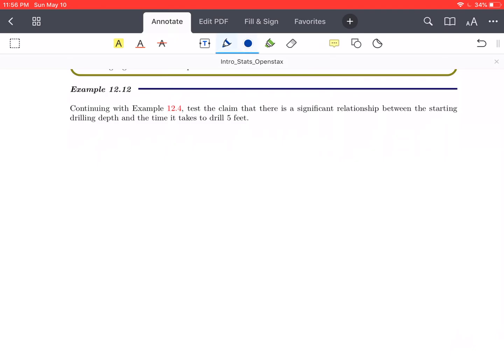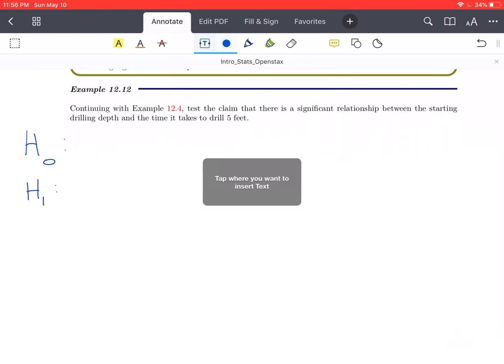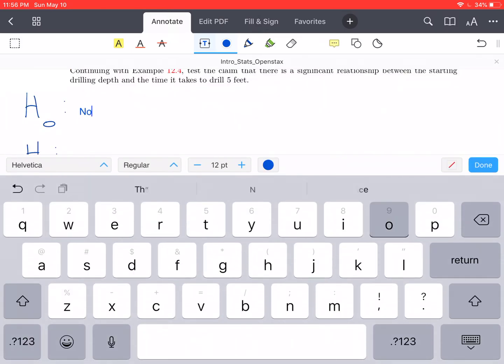So we need our hypotheses, so H naught and H1. So our null hypothesis is that there is not a significant linear relationship.